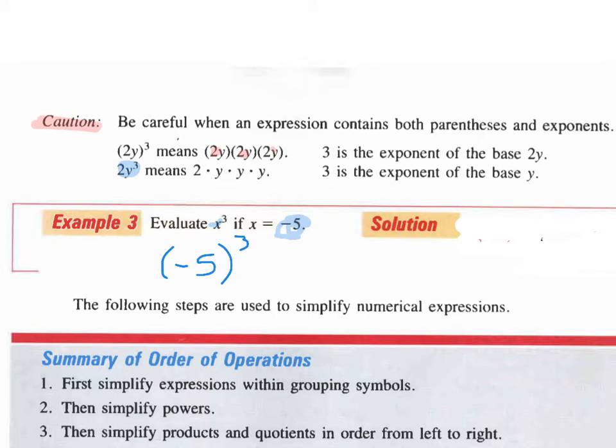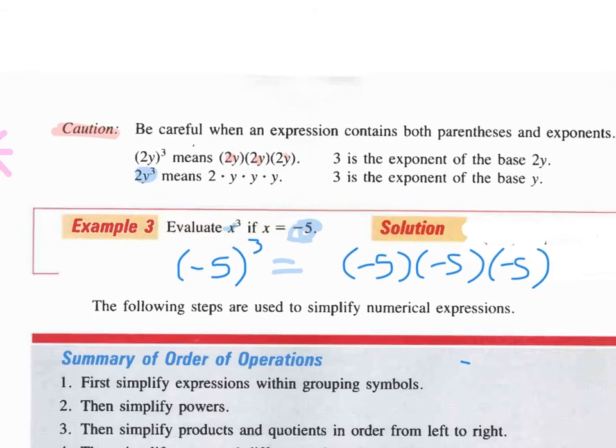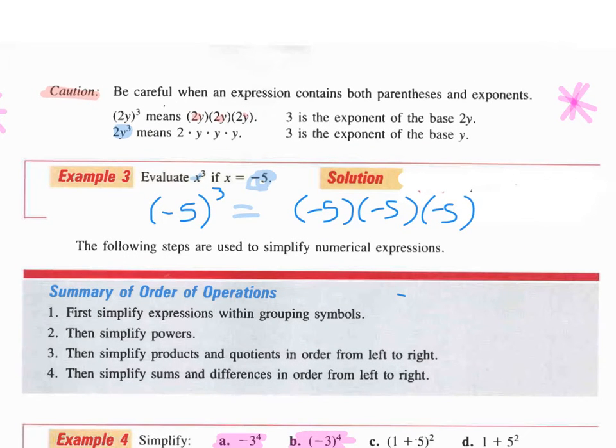So this becomes -5 times -5 times -5. Once I multiply that out, I could take them 2 at a time, I get -125, because -5 times -5 gives me 25, and then when I multiply it again, I get -125.